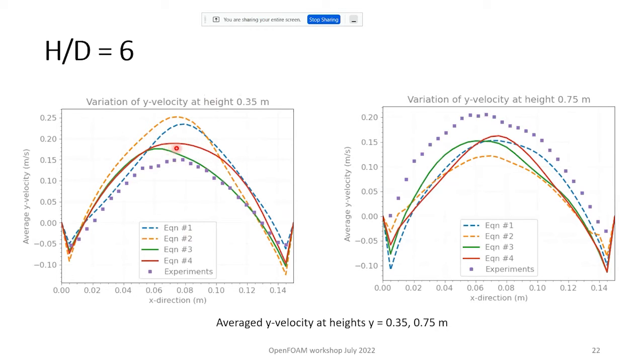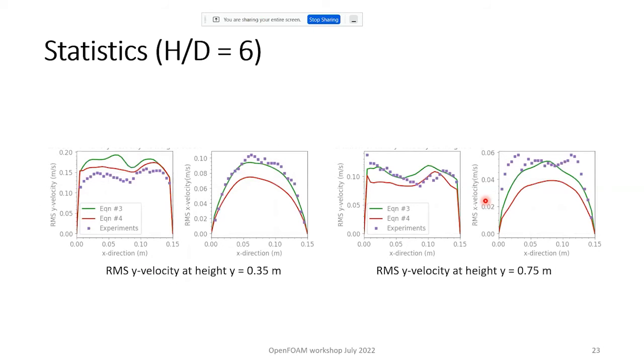There is some slight deviance, but compared to 1 and 2, it's better. Equations 3 and 4 again perform really well. And the statistics also. There is a slight underprediction for equation 4, but it's all right. That's something to do with the turbulence model. So we can conclude equations 3 and 4 work better.